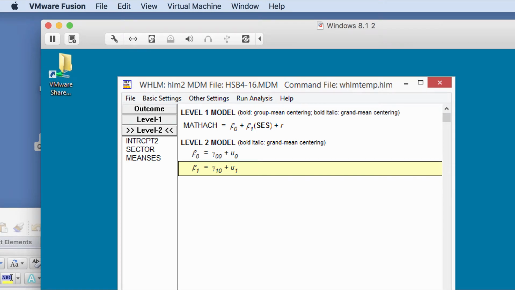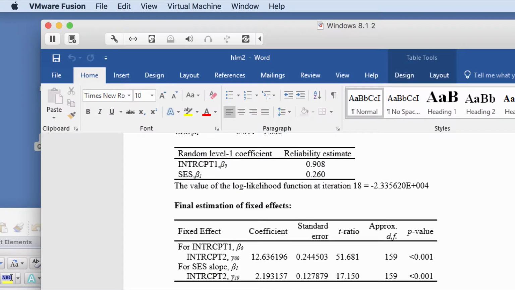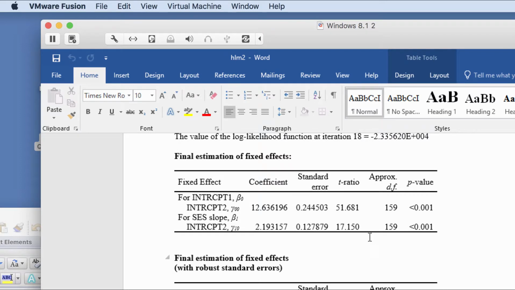Now what we'd like to do is look at variability in the socioeconomic status slopes for math achievement. In other words, do slopes vary across schools? I've run the model, and our results again show our grand mean is 12.63.